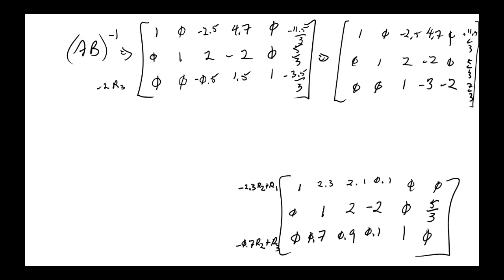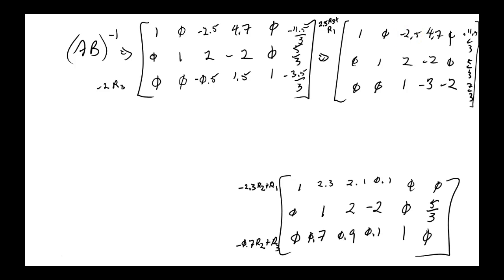Now what's the next thing we're going to want to happen? Zero above that 1. Okay. So how will we make that happen in the first row? 2.5 times this added to that. That should do it, right?